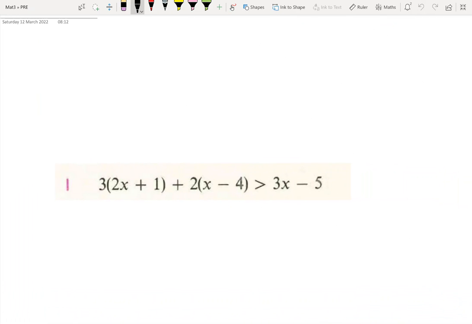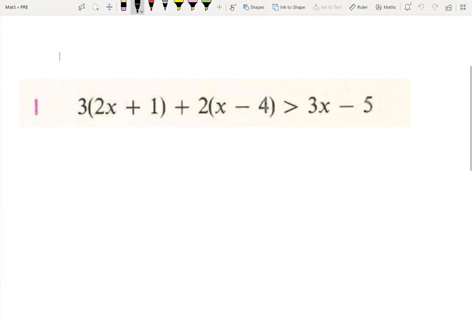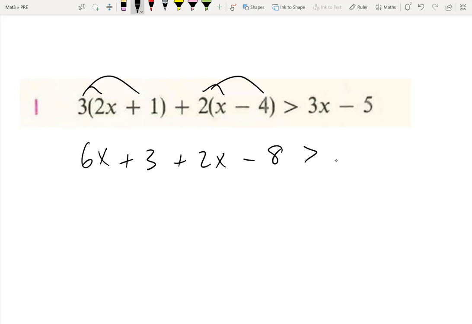Okay, now there's brackets. Two pairs of brackets on the left. I'm going to distribute and distribute. Okay. 6x plus 3 plus 2x minus 8 is larger than 3x minus 5.